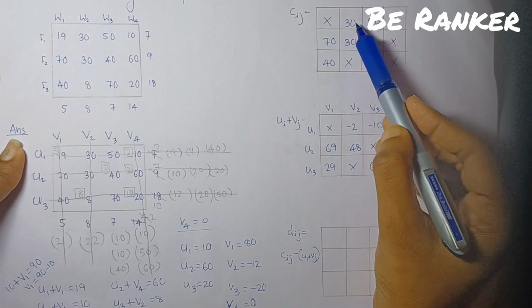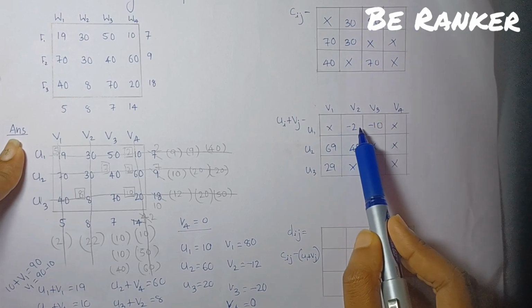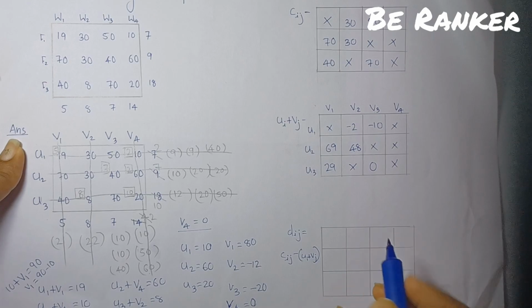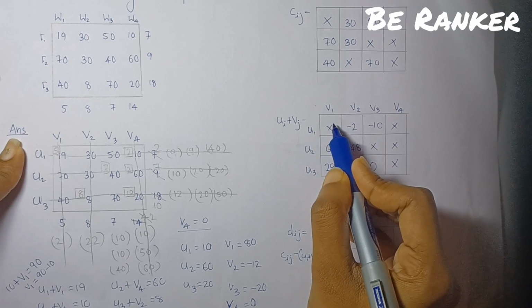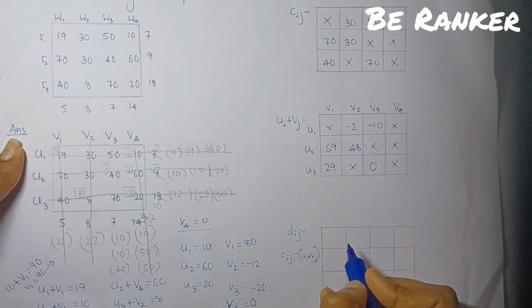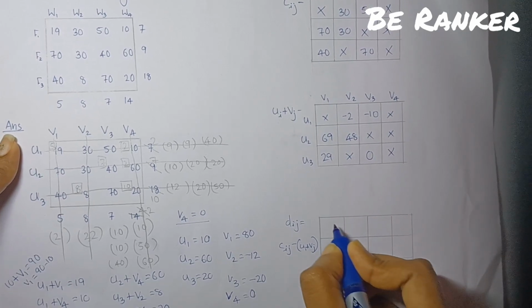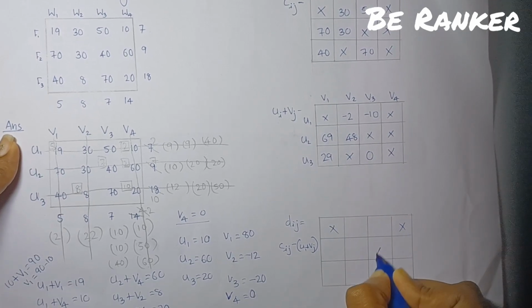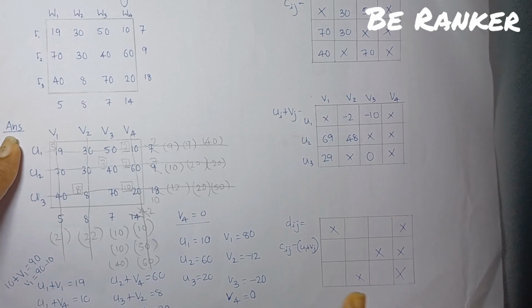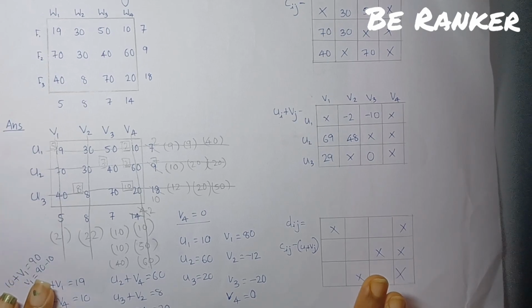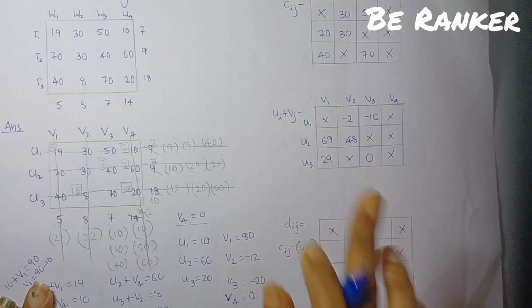That means this Cij value minus this Ui plus Vj value. For that, first I cross all the allocated cells like these boxes. So I cross all the allocated cells in both the Cij and the Ui plus Vj boxes.